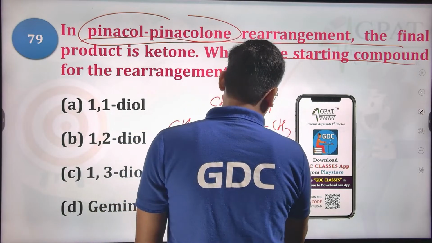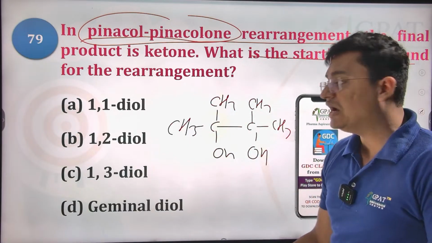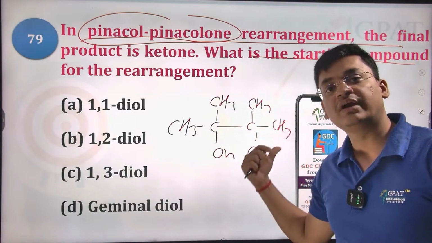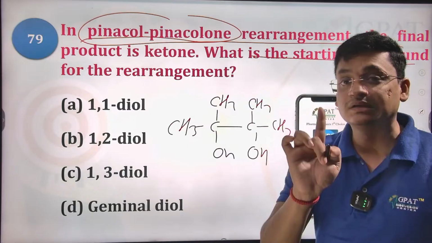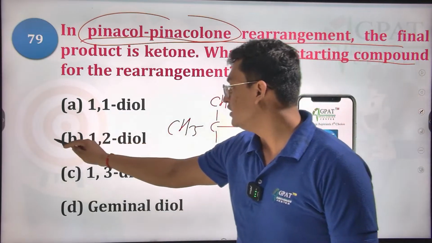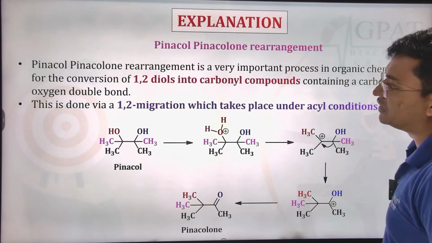During the pinacol pinacolone rearrangement, we have the dehydration of the OH groups to produce the desired pinacolone. So this is a 1,2-diol, also known as vicinal diol. So B will be the correct answer, that is 1,2-diol.